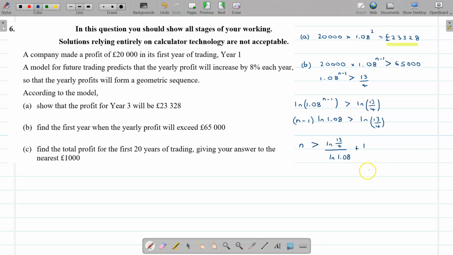So I've done a couple of steps there in one go, and that is equal to 16.314, etc. So therefore n equals 17, because it has to be the first integer greater than that. So year 17 is the answer. Okay, year 17.